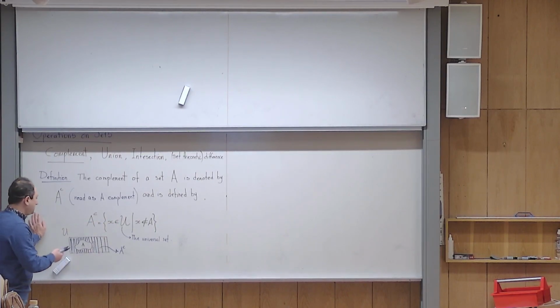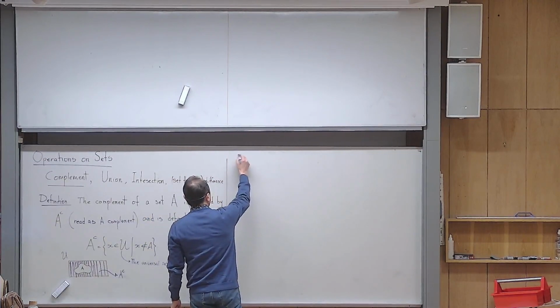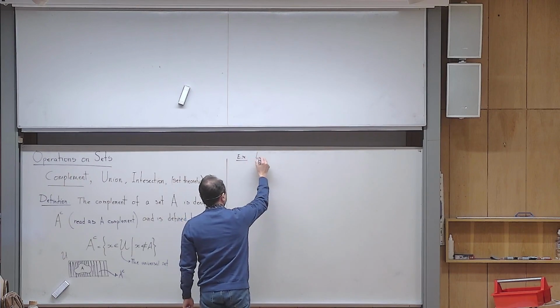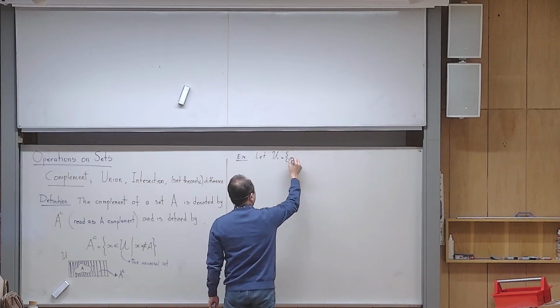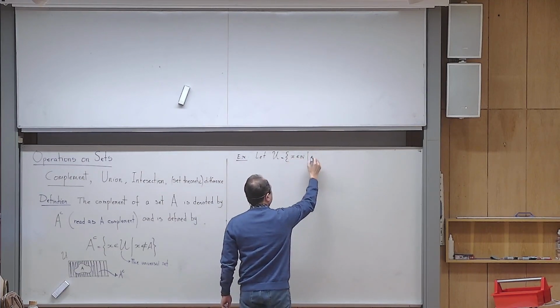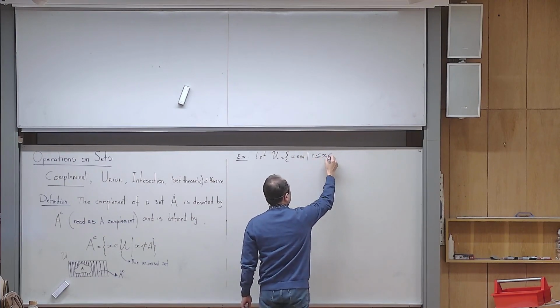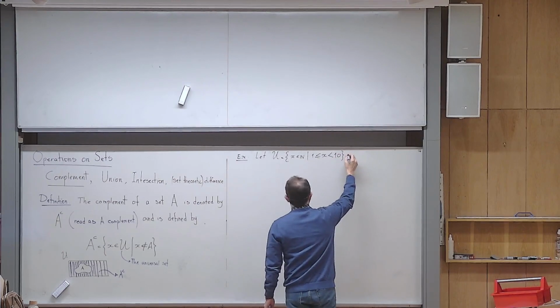Okay, so let me give a very simple example. Let the universal set be this: x in N such that 1 is less than or equal to x, x strictly smaller than 10.